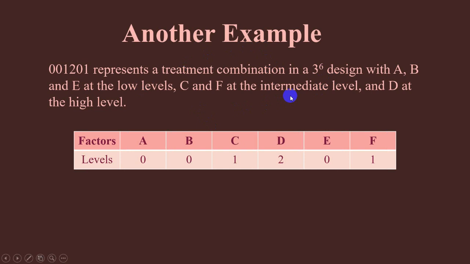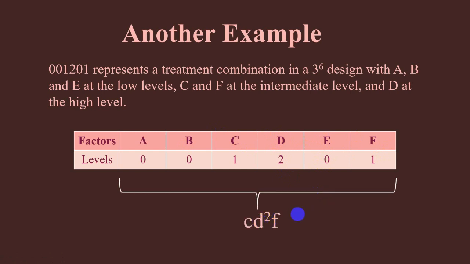We can again see this in the table. See, A, B and E all at low levels, C and F at intermediate level and D at high level. So again, if we raise the small case Latin letters to these digits, we will get the treatment combination CD square F.